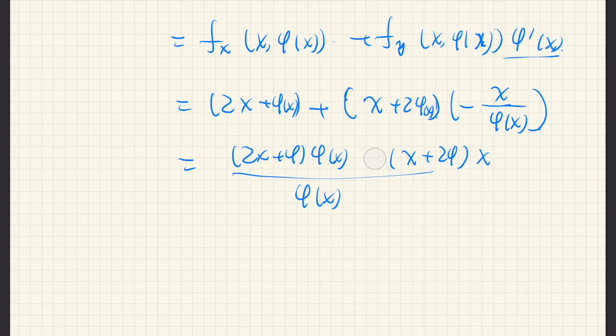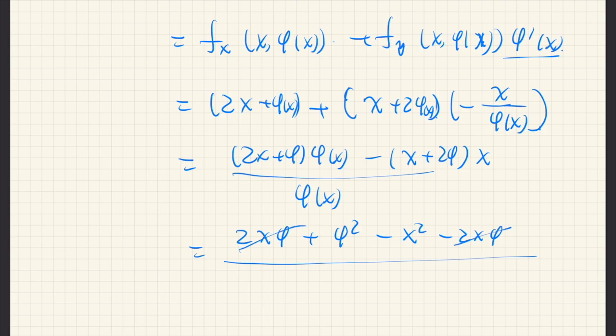This is minus, and let's see, 2x phi plus phi squared minus x squared minus 2x phi.